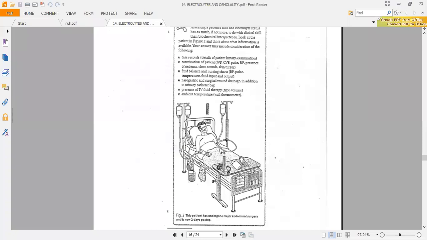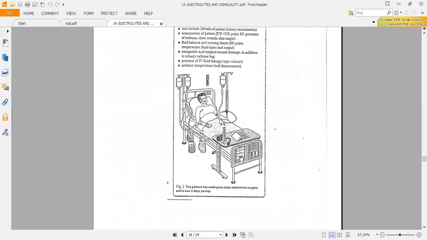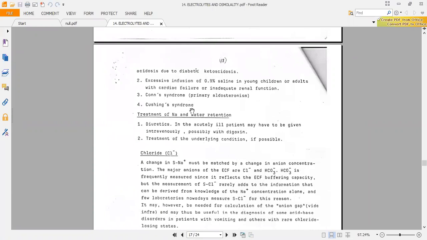Examples include Conn's disease or Conn's syndrome, which is high levels of aldosterone, or Cushing's syndrome, where you have high levels of glucocorticoids and then mineralocorticoids. All those things can lead to reabsorption. And then sometimes for children, when you are giving them IV fluids, normal saline, which is sodium and chloride, and you don't monitor it, you can give them excess.